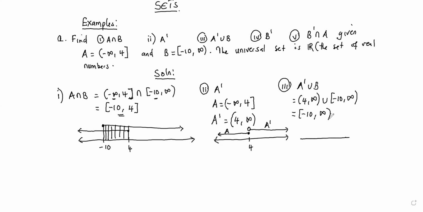On the number line, remember, we had negative 10 to infinity, and then 4 to infinity. Now the union will be everything. So it'll just be negative 10 to positive infinity.